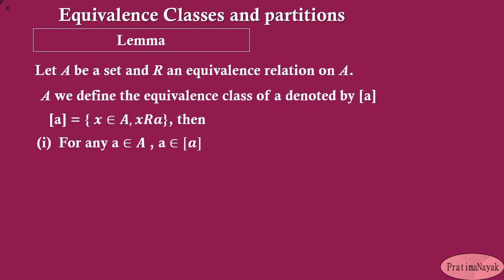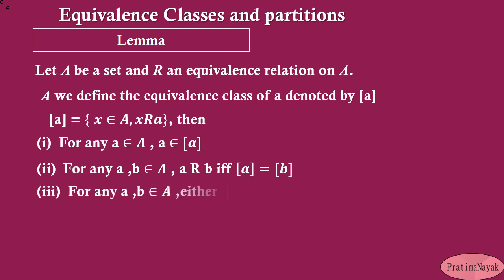Then for any a belonging to A, a belongs to its equivalence class. For any a, b belonging to A, a is related to b if and only if the equivalence class of a is equal to the equivalence class of b. For any a, b belonging to A, either the intersection of the equivalence classes of a and b is phi, or they are equal.